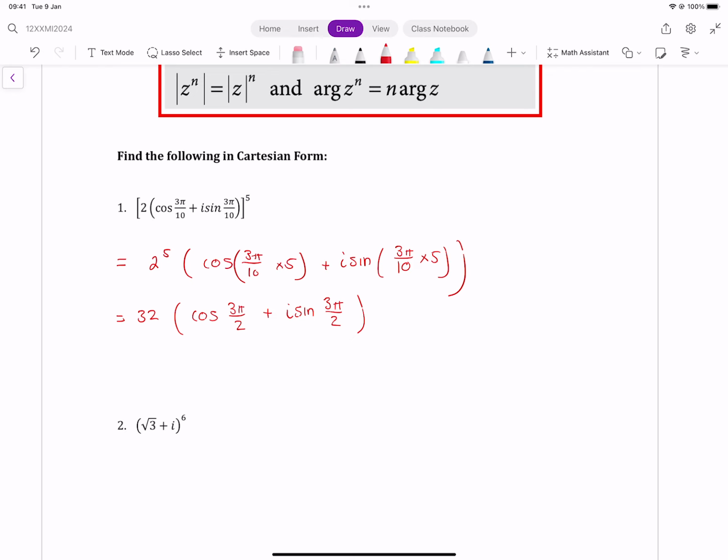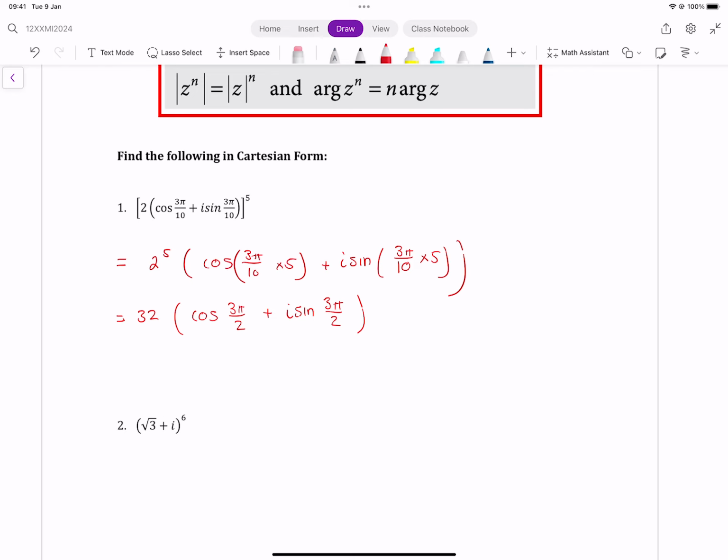Now there's a couple of ways of converting it into Cartesian form, but the thing we're going to realise in this example is that 3 pi on 2 is exactly 270 degrees if we went from radians to degrees. If we think about our Argand diagram or our Cartesian plane, 3 pi on 2 is going straight downwards.